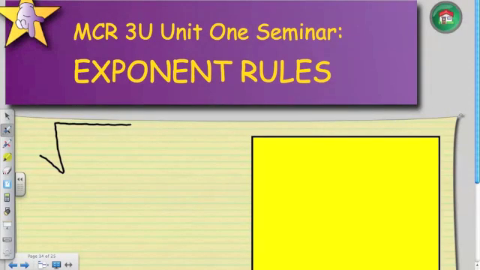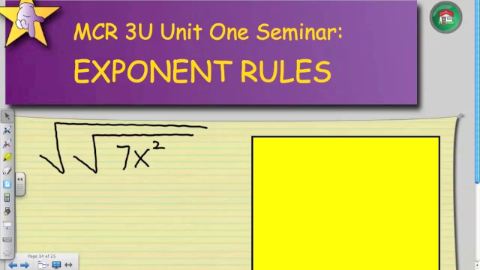problem. The reason why this is so difficult is because we have two radical signs. So when we are writing or rewriting this question, we are going to write from the inside, and we're going to move to the outside.